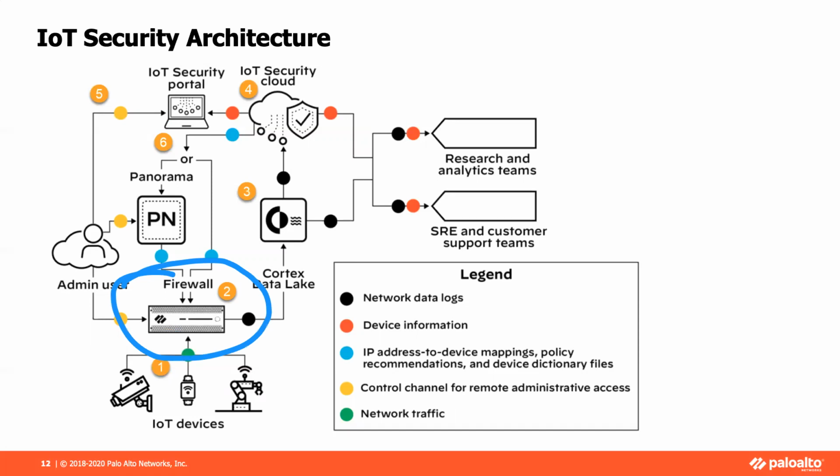We collect this data, this metadata from the network traffic in these IoT devices, and we use this to generate what we call EALs, or enhanced application logs. This information gets forwarded up to Cortex Data Lake. Cortex Data Lake is our cloud-based storage solution for logs, and this is where we have our log repository up in the cloud.